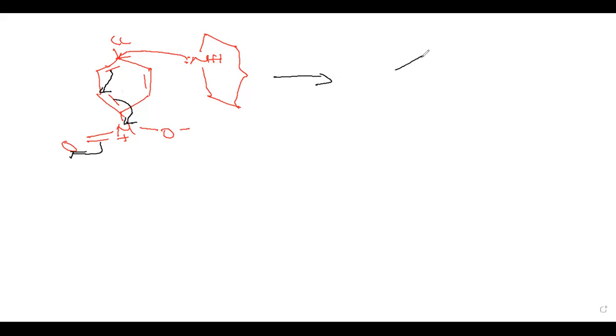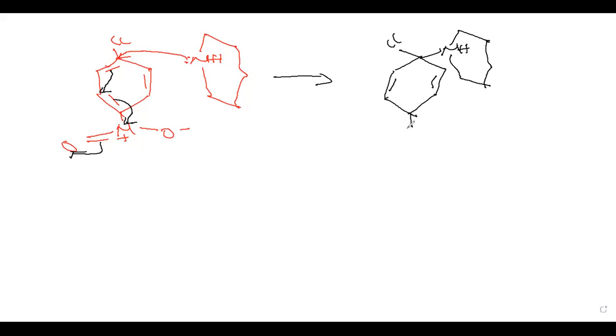In the first step, I'll have something like this. Okay, so the skeleton of benzene. Now there's chlorine here, and then on this side, we have something like this. This bond will be here, and then this bond will still be here.